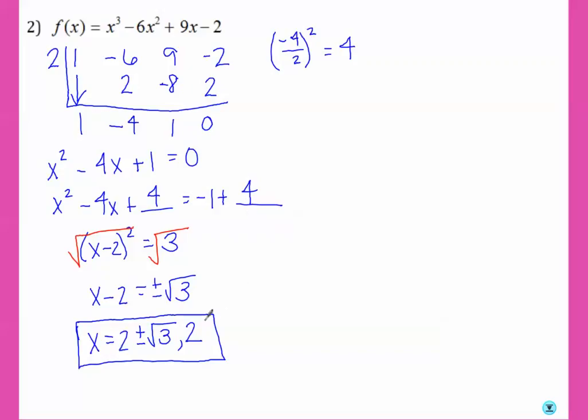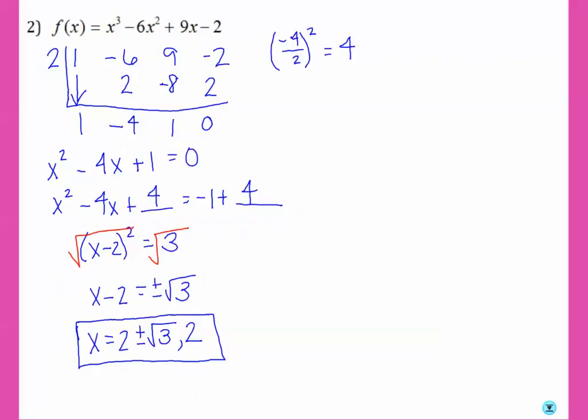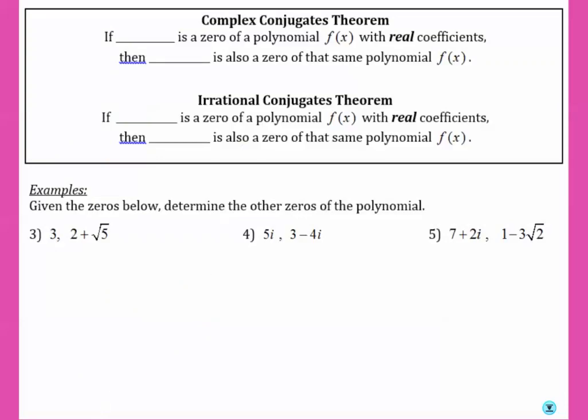If you notice in both of these, as part of our irrational root, we had a plus or minus. And as part of our complex root, we had a plus or minus, which helps us with the complex conjugates theorem and the irrational conjugates theorem. If you remember conjugates from back when we learned complex numbers, conjugate just means the sign in the middle changes.